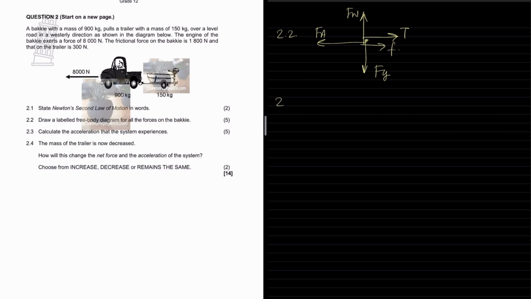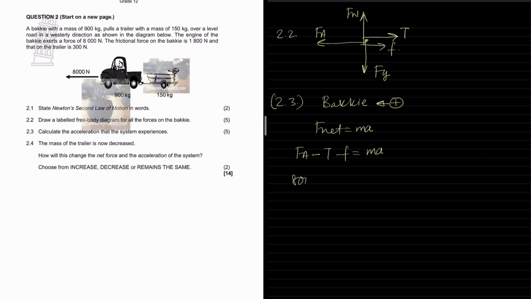2.3, calculate the acceleration of the system. So we'll start with the bucky. And we'll say left is positive. So we'll say F net equals MA. The force applied minus tension minus friction equals MA.